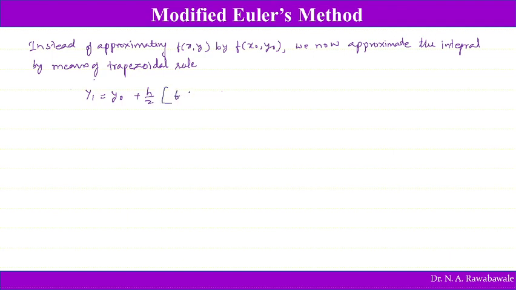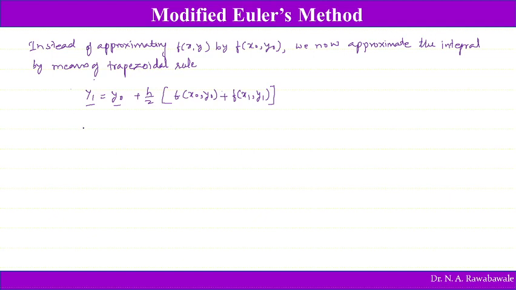f of x naught comma y naught plus f of x1 comma y1. Thus we obtain the iteration formula here. So if we know y naught, to get y1 we can have this method, so that we can get a new iteration.